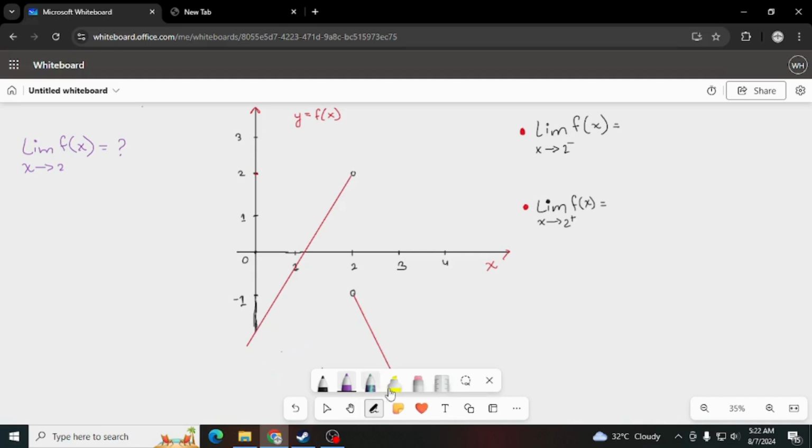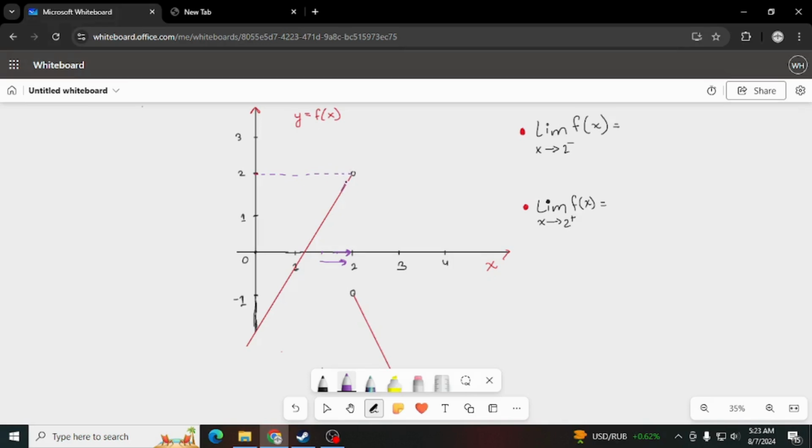So what is the limit as x approaches 2 from values less than 2? Let's say 1.5, 1.7, 1.8, 1.9, 1.99, and then 1.999. As we get closer and closer to 2 from this direction, from values less than 2, we see that we are getting closer and closer to positive 2 on the y-axis.